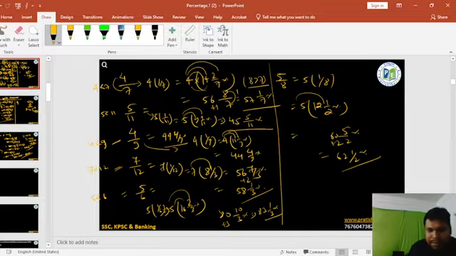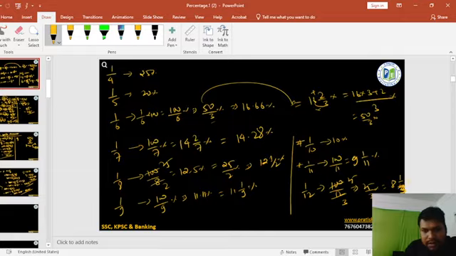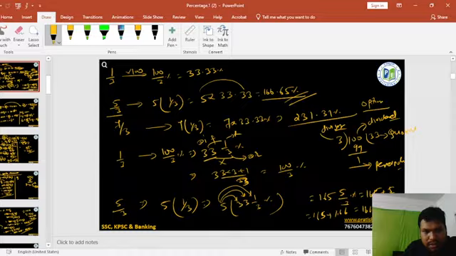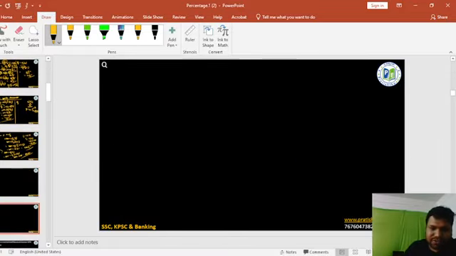I wrote it previously here. Mixed fraction is 33 and 1 by 3. No, 50% is directly divisible. A mixed fraction means the fraction which is not divisible exactly.